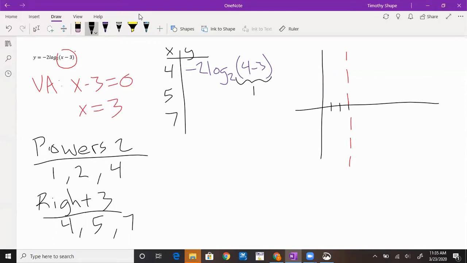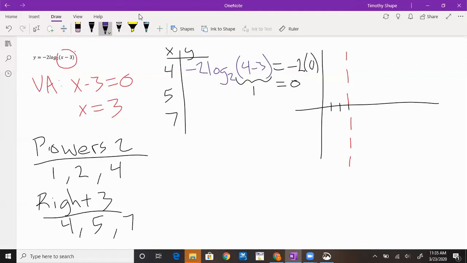So the log base 2 of 1, I'm looking for what exponent of 2 equals 1. Well, that's 0. So this whole piece with the log is going to equal 0. I end up getting negative 2 times 0, which ends up giving me a 0. So my y value here is 0.